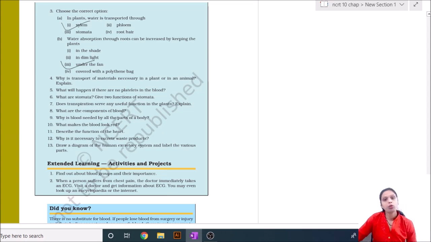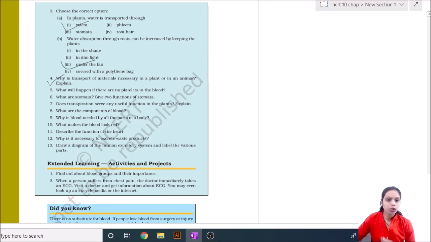Because transportation of material is very important; without it we can't stay alive. The oxygen and food components are transported throughout the body to every cell. That's why the cells are capable of functioning and doing work, as transport provides energy. So this is very important.